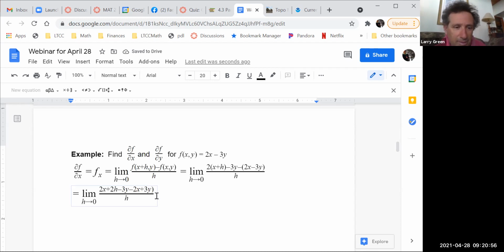So basic algebra. And now let's do more algebra. So we have 2x minus 2x. That's gone. Those disappear, cancel each other out. We have minus 3y plus 3y.